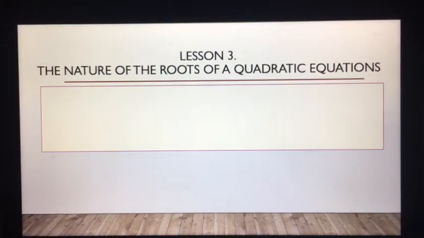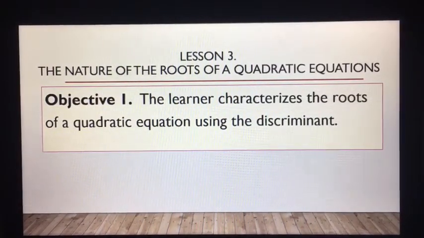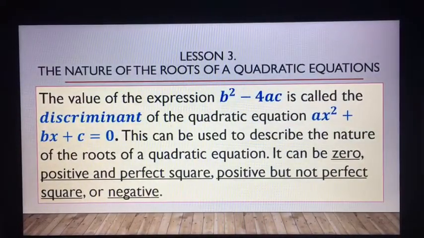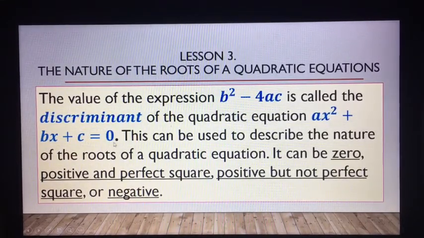Our lesson is the nature of the roots of a quadratic equation using the discriminant. So this is the objective. The learner characterizes the roots of a quadratic equation using the discriminant. So what is the discriminant? The value of the expression b squared minus 4ac is called the discriminant of the quadratic equation ax squared plus bx plus c equals 0.